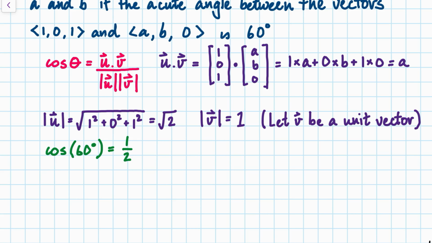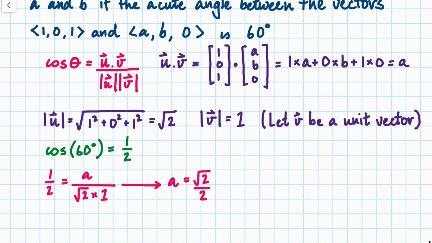We have cosine theta, which is 1 over 2, equal to u dot v, which is a, divided by the magnitude of u times the magnitude of v, which is square root 2 times 1. So from this, we can say that a is equal to square root 2 over 2.